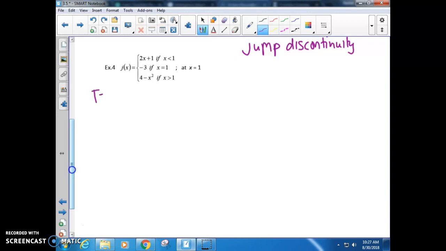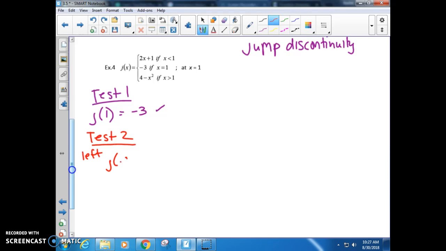In example 4, it's a piecewise function. So test 1, we first test if j is defined at 1. If x is 1, that means I get negative 3. So it is defined at j of 1. The next thing is testing from the left and the right. So from the left of 1 would be like 0.99.